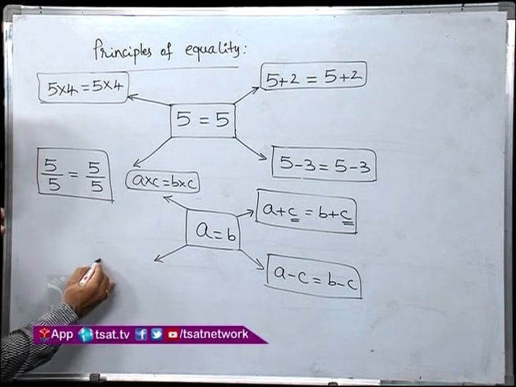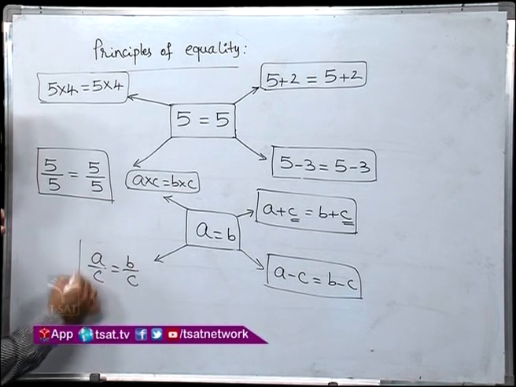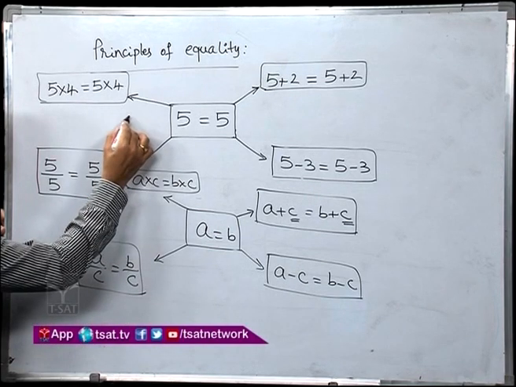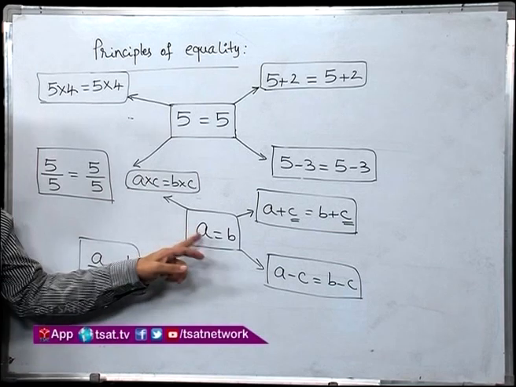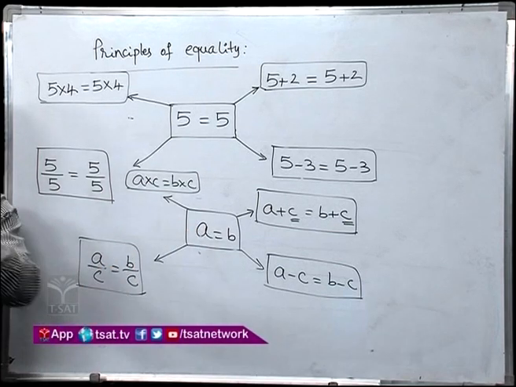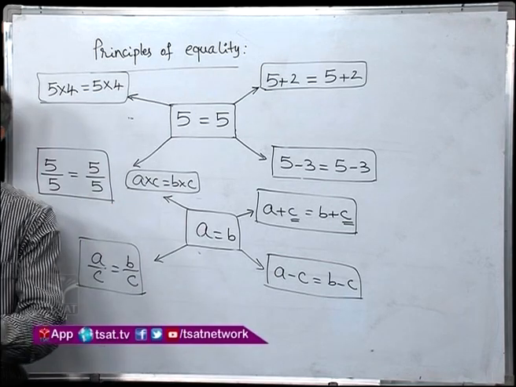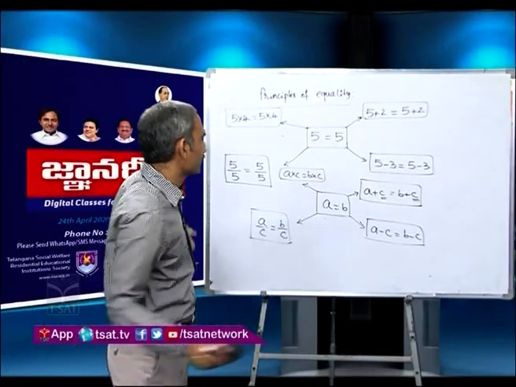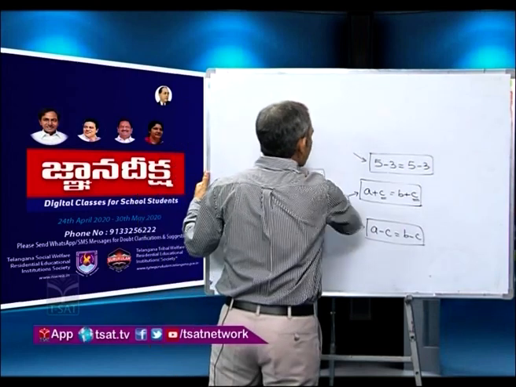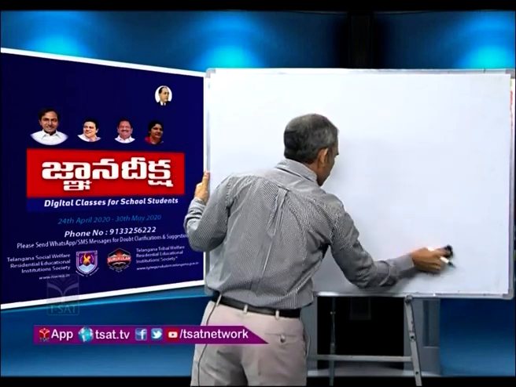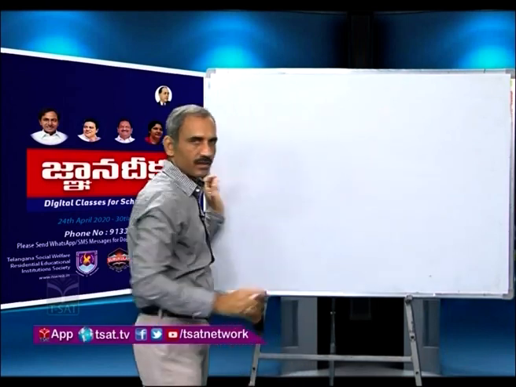Again, if you divide, that is a by c will be same as b by c. Based on this, we can apply for the variables. This is a very important concept in solving our simple equations. Okay, is it clear? Now let us go to the equations. Now, we apply these principles for solving the simple equations.